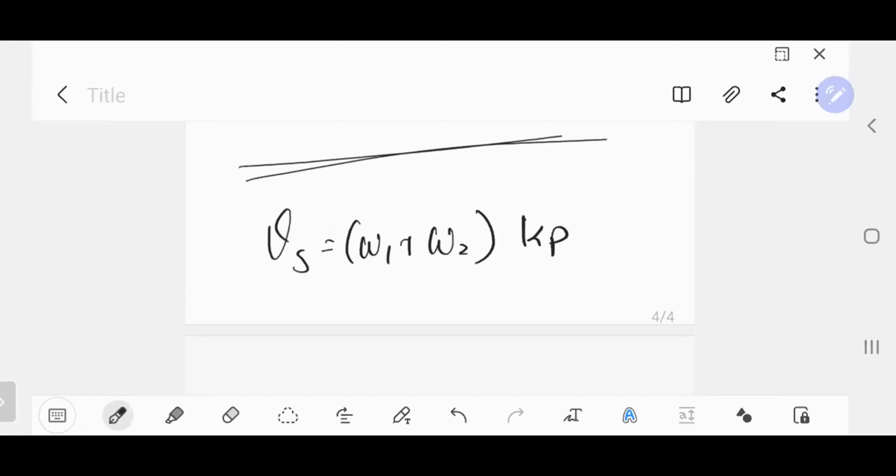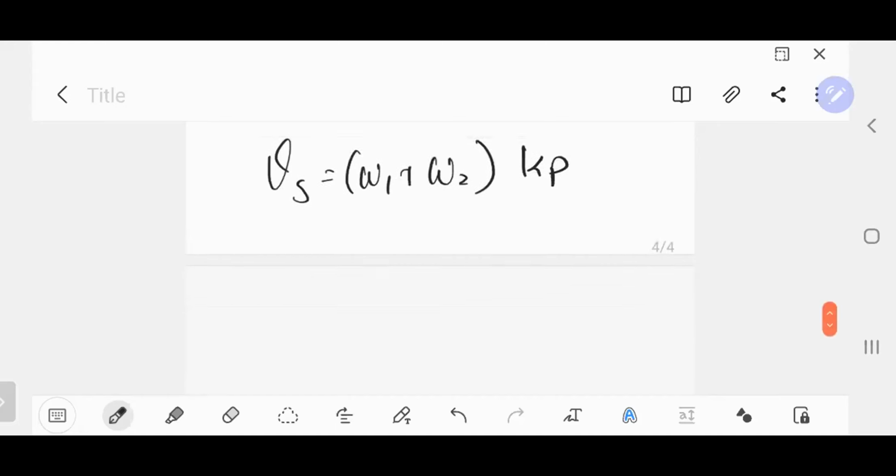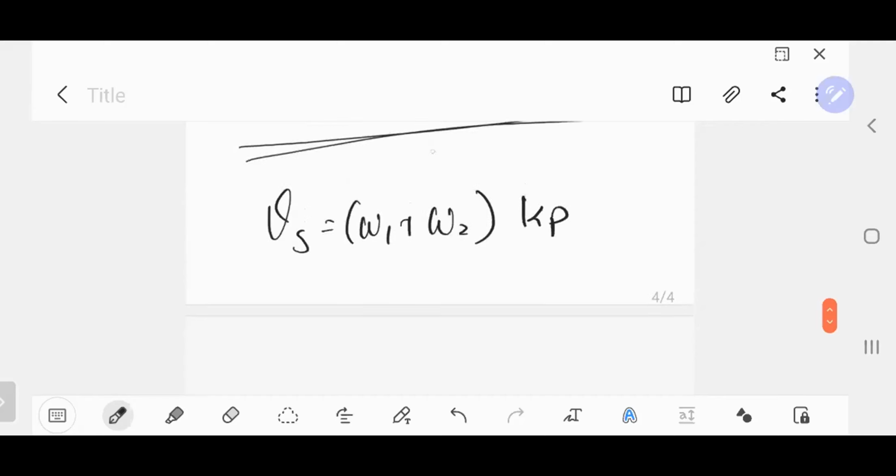So note it down. When the engagement begins, at that time the sliding velocity is equal to omega 1 plus omega 2 into Kp. Just note it down at the beginning, or you can say at the engagement.